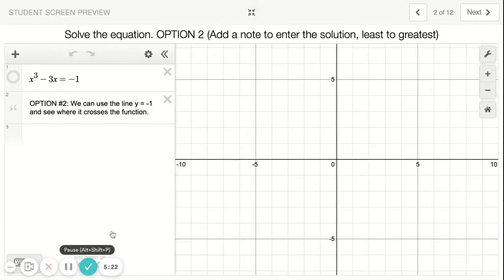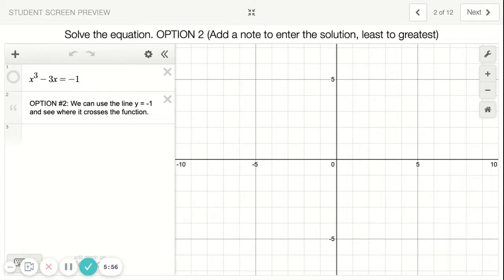All right, so on slide 2, this says solve the equation, and we're going to use option 2. So we have the same equation. It tells us that with option 2, we can use the line y equals -1 and see where it crosses the function. The steps for this method, step number 1, was to graph the left equation.